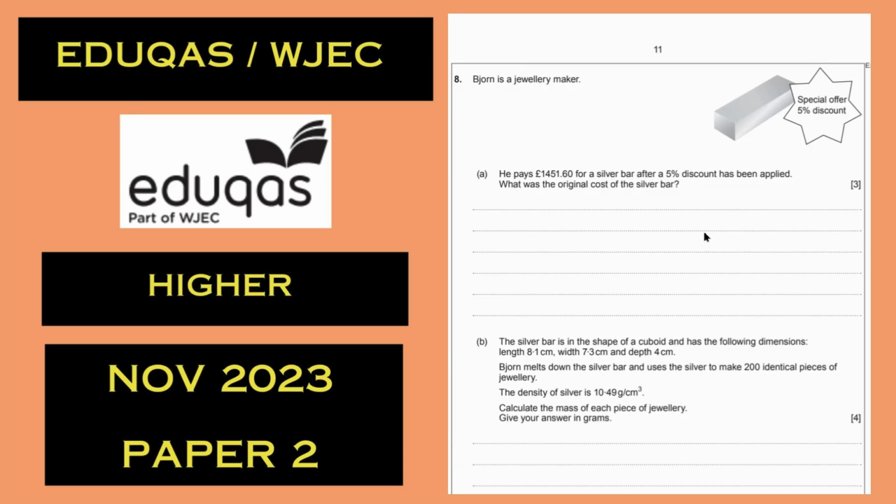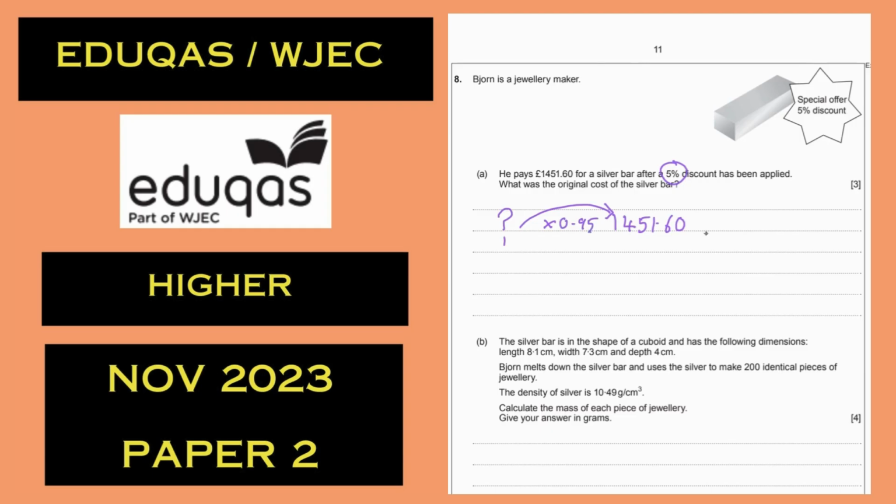Number 8, we are making jewellery. We don't care really, but it's the 5% discount. We do not know the original price. We know the final price. When you have a situation like that, we also know the multiplier. If you're reducing by 5%, your multiplier is 0.95.